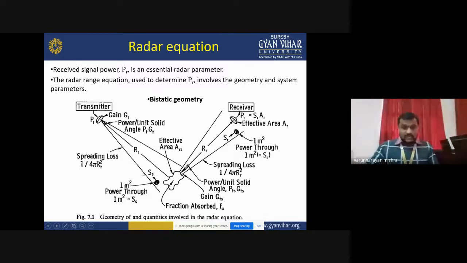After the spreading loss, a very small amount of the energy will reach the target, interact with the target and be received by the receiver. How much energy is received by the receiver depends on the effective area, meaning how much area interacts with the target signal coming from the transmitter.